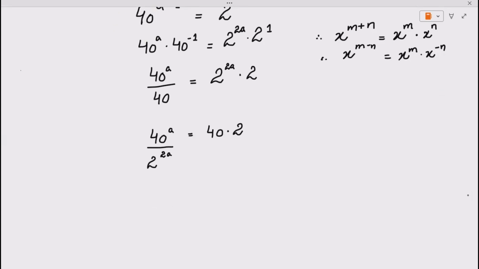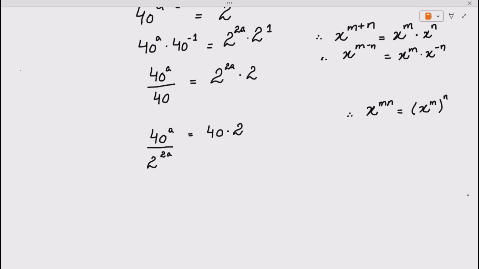So now you can see that we have 14^a over 2 raised to the power 2a. What we can do now, since we know that x^(mn), when there is some base and in the power two things are multiplied, we can write it like this: (x^m)^n, right?